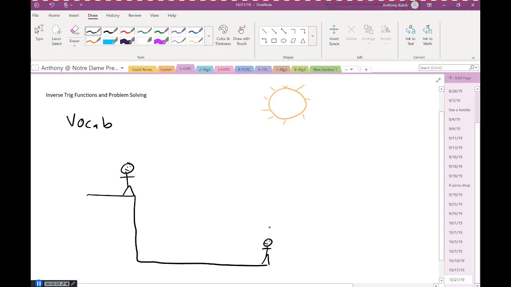The first thing I want to define is something called an angle of elevation. So imagine that you are this person, and you're looking up at the sun.